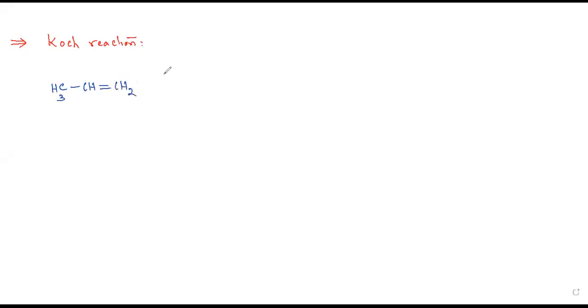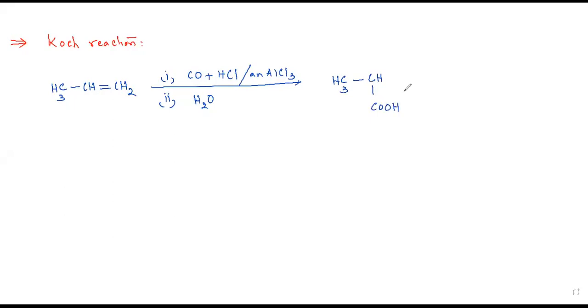See, when propene is treated with carbon monoxide and HCl, in the presence of anhydrous aluminium chloride, followed by hydrolysis. Now, in this case, we get a carboxylic acid.